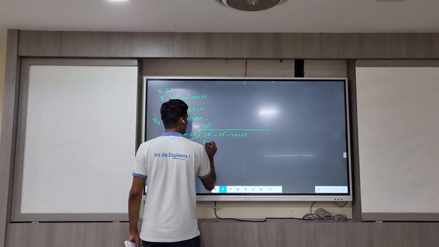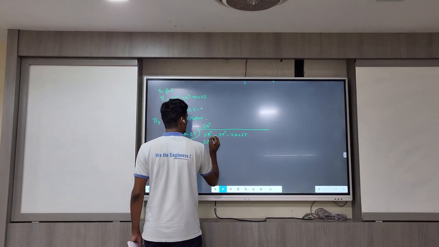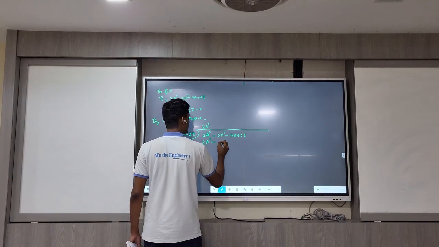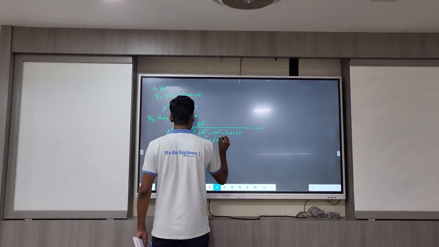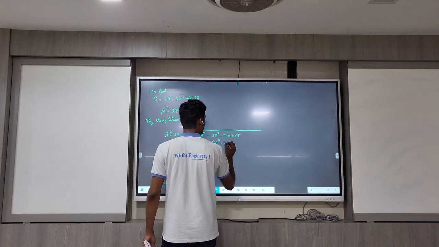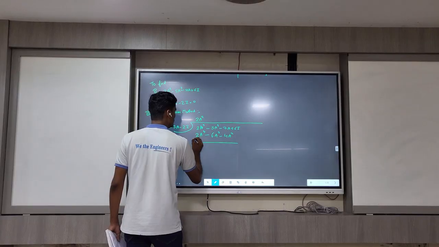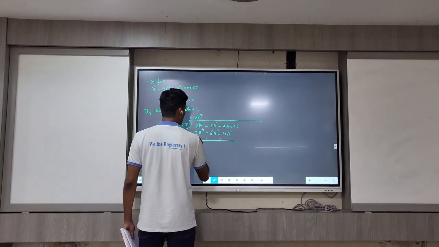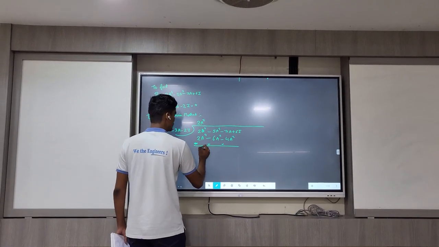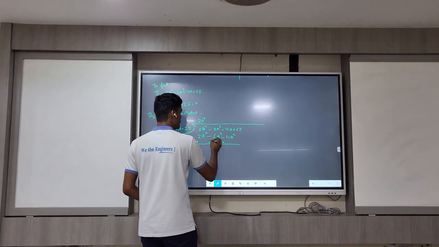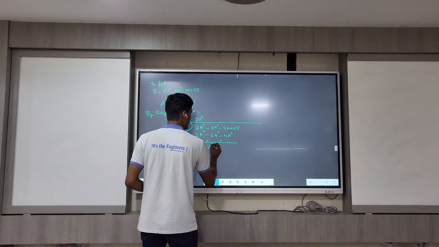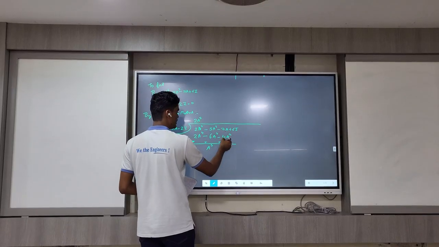You will get, so this will get cancelled. We get 2A squared. This remains as it is, as there is no A squared.